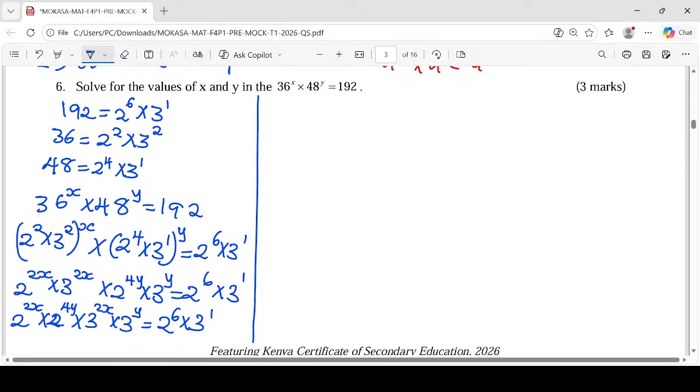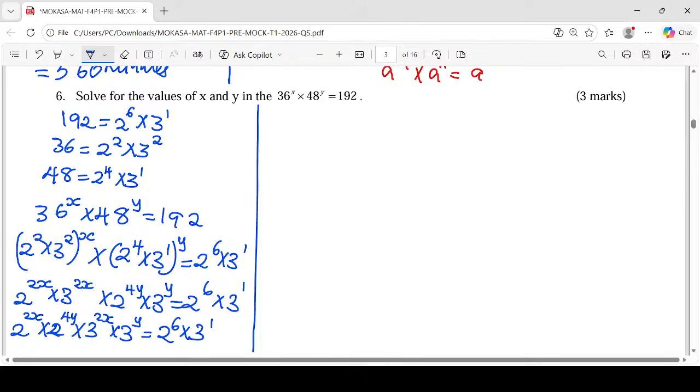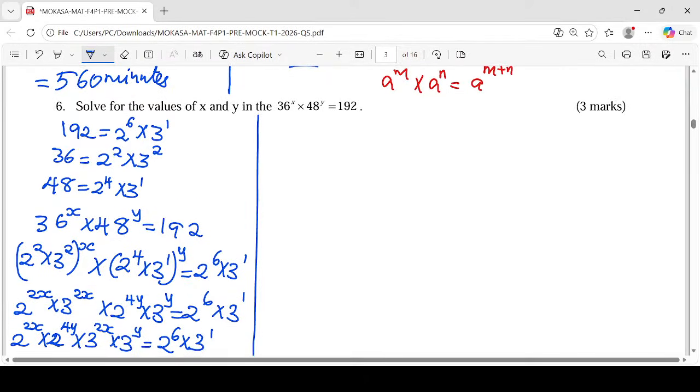Then now, applying this law I've written at the top here, we can combine those with base 2. 2 power 2x multiplied by 2 power 4y can now be written as 2 to the power of 2x plus 4y, multiplied by 3 to the power of 2x plus y.